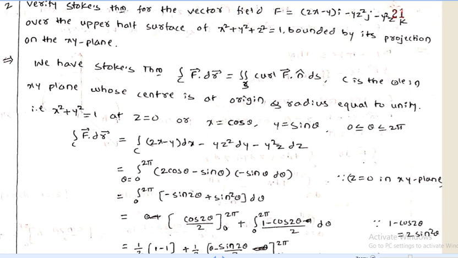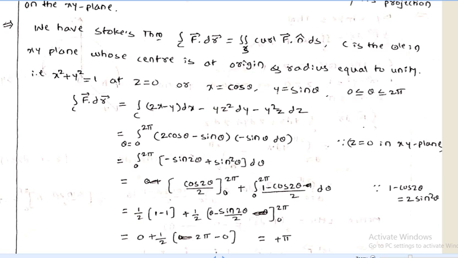and after differentiating x equal to cos theta, dx becomes minus sin theta d theta. Now multiplying 2 cos theta minus sin theta into minus sin theta d theta, we get minus 2 cos theta sin theta.